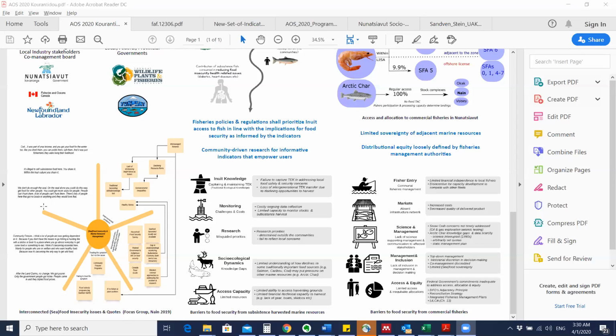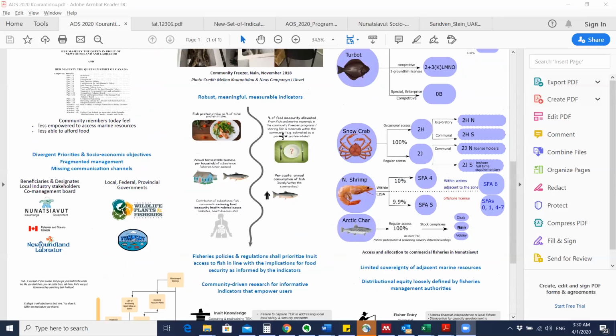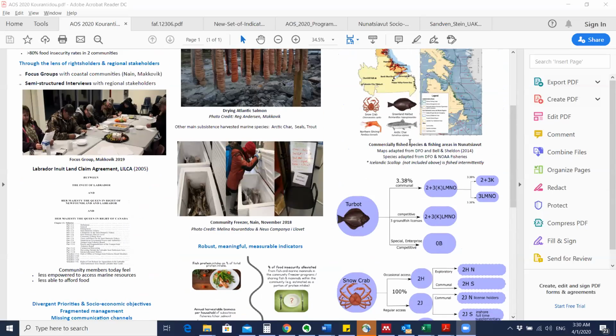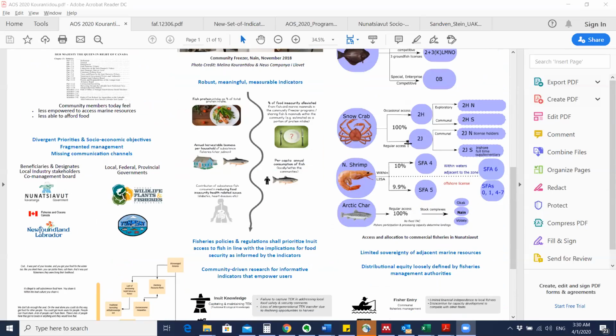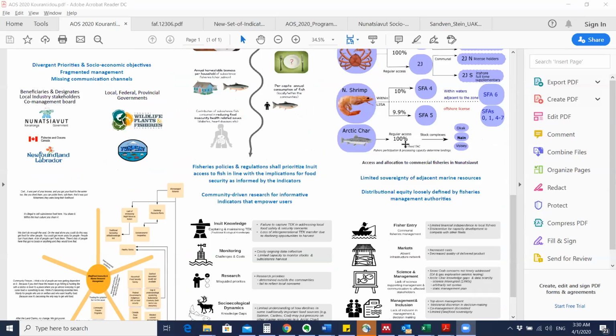And so we started examining the barriers identified to food security in subsistence and commercial fisheries, in the second and the third column. I'm only going to speak about the identified barriers.